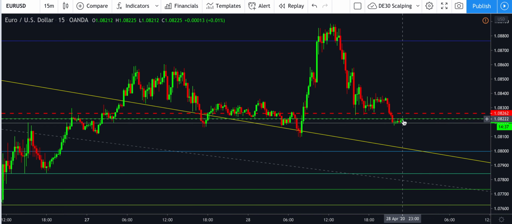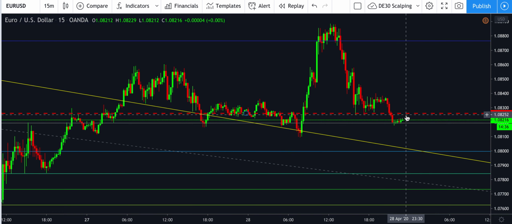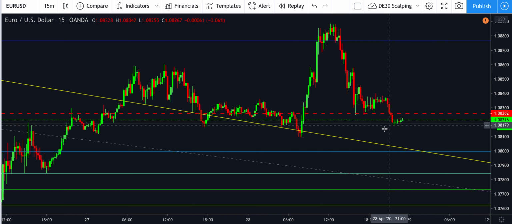Right now price wants to go higher, but we are close to the Asian session, so price is not going to move aggressively during that session.